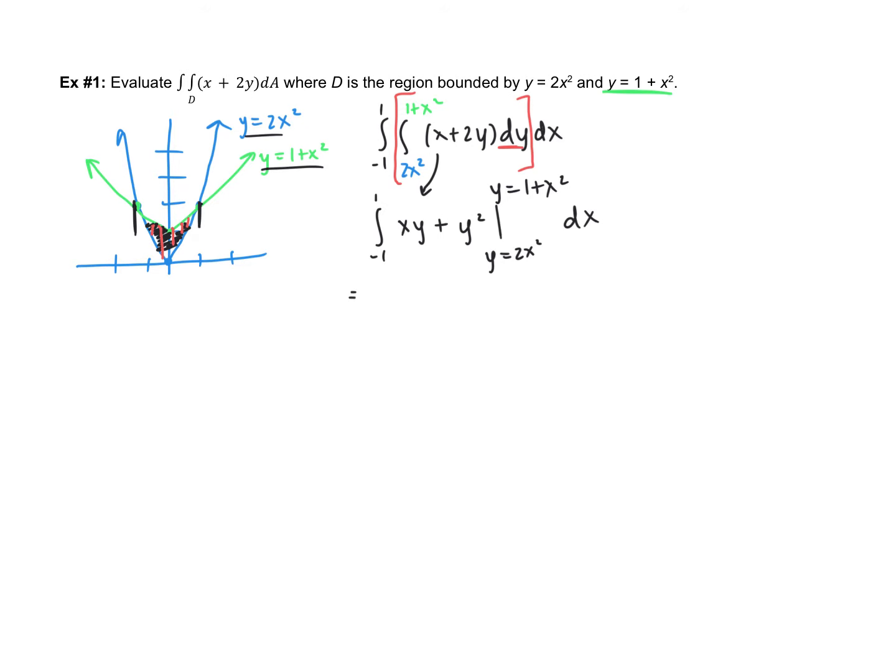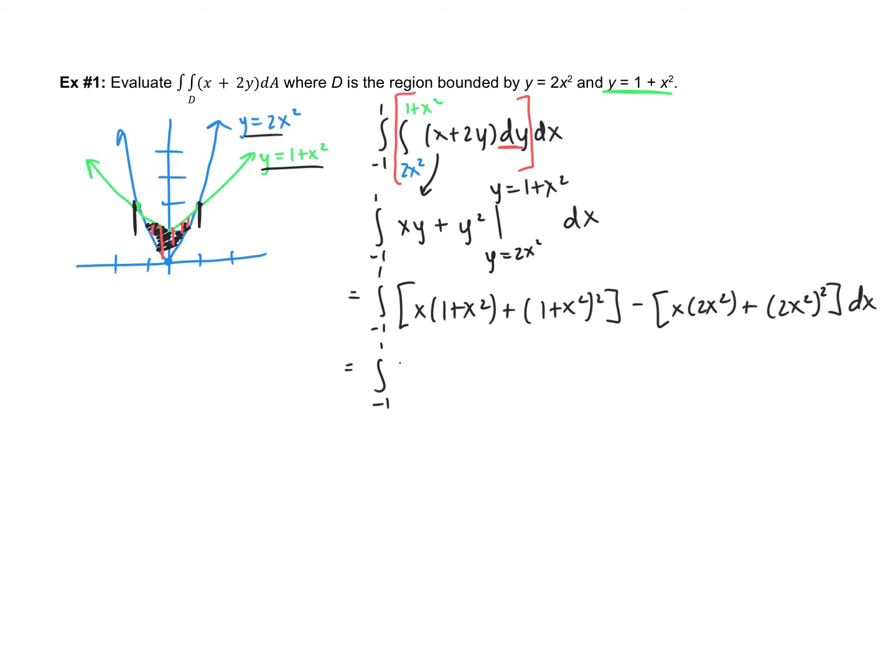So continuing, this gives us the integral from -1 to 1 of x times (1 plus x squared) plus (1 plus x squared) quantity squared, subtract x times 2x squared plus (2x squared) quantity squared, all of that dx.